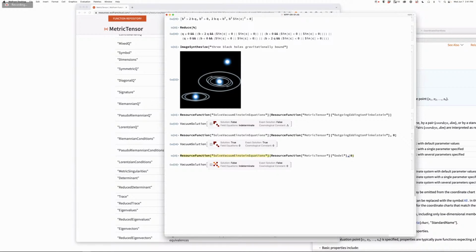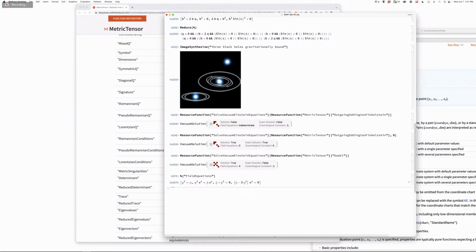Okay, yeah. So in that case, if you get rid of the 0, there we go. Okay, so it's a solution, but it assumes 4 field equations. So if you extract out field equations from that, can you, for example, compute the Einstein tensor?